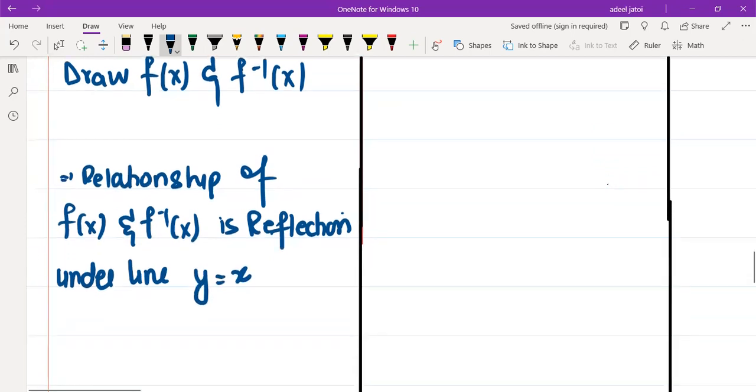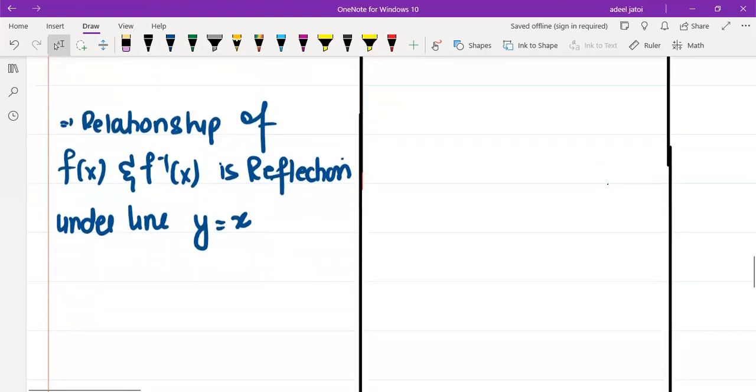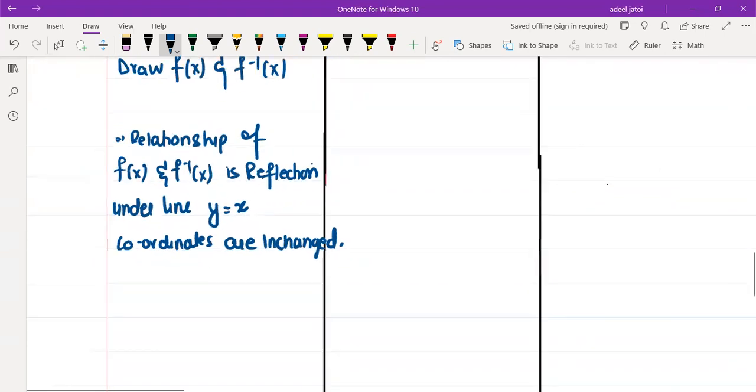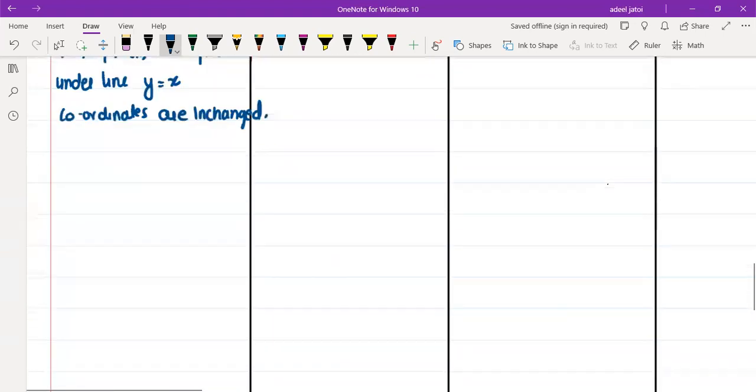It is the relationship of f(x) and f inverse of x under the line y equals x. That means coordinates are interchanged.